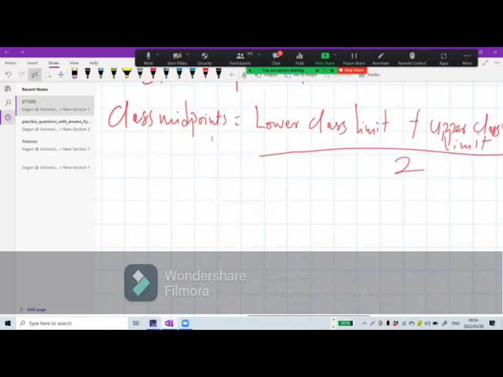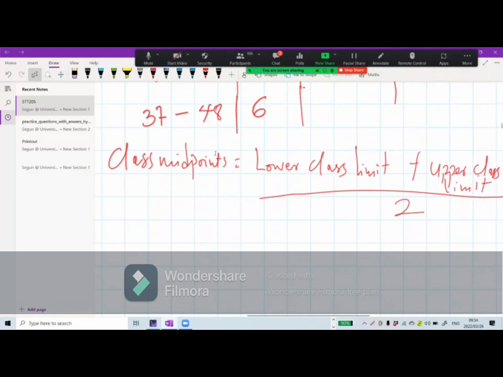Since we have upper and lower, we can write it. The first lower is 1, plus 12, divided by 2. 1 plus 12 is 13, divided by 2 equals 6.5.